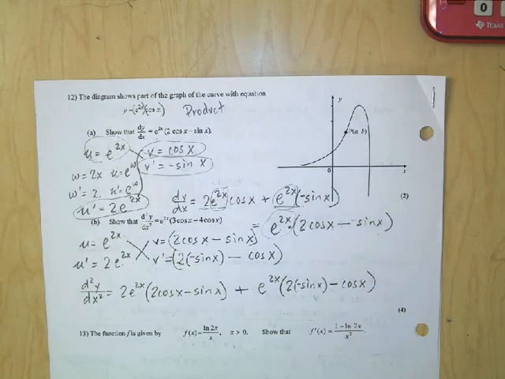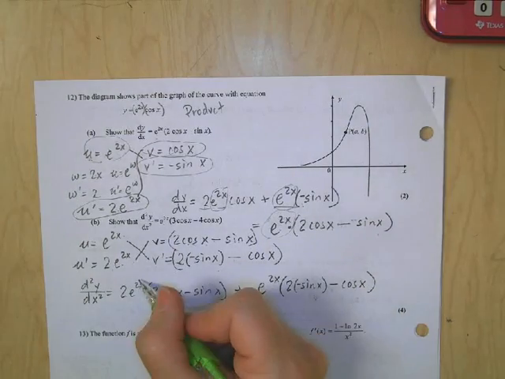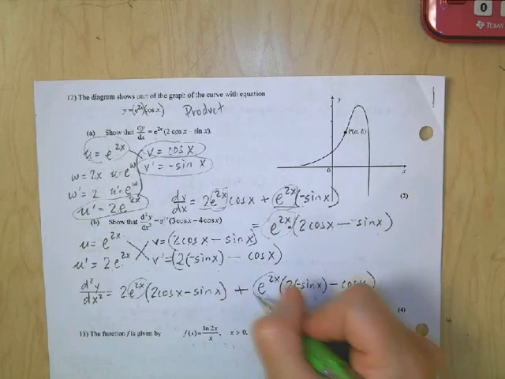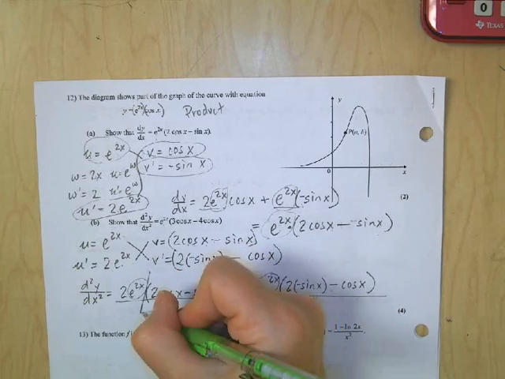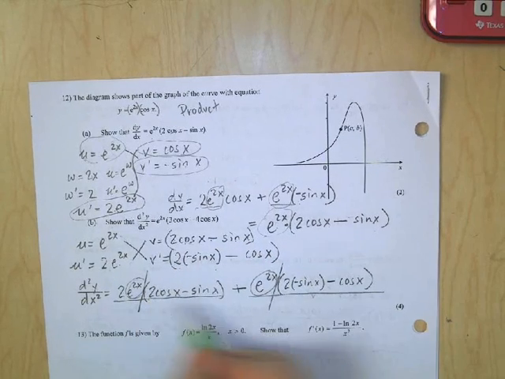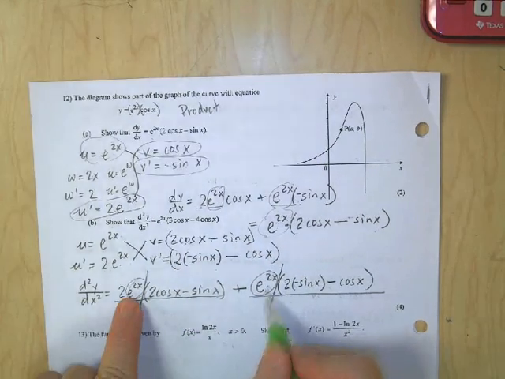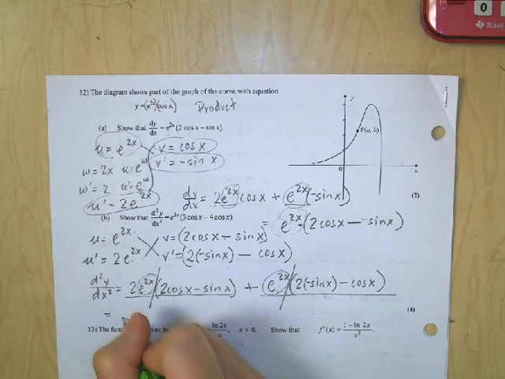Okay, so notice I can factor out, and factor this out, and factor that out. See how I have 2 terms here? And see how I have this times parentheses, this times parentheses? Those are both the same, so I can factor them out. E to the 2x.